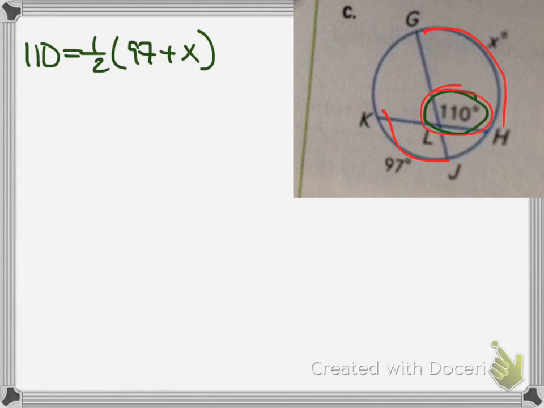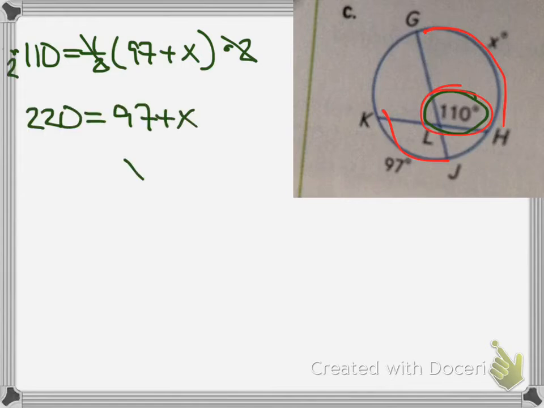But if you have the interior angle, how do you get rid of a half? Just multiply by 2. But if you do it on one side, you have to do it on the other side. So 2 times 110 is 220. Then subtract 220 minus 97, and you get 123 degrees, and again, there is your answer.